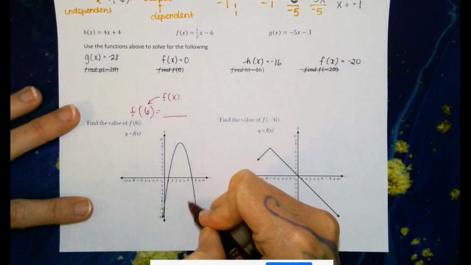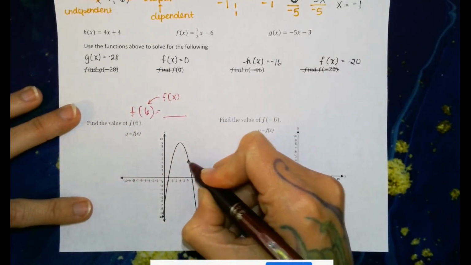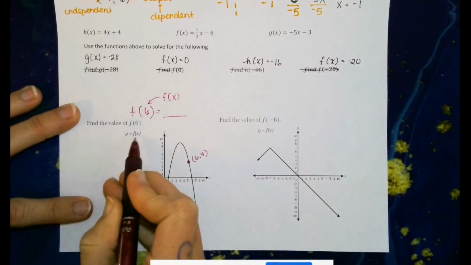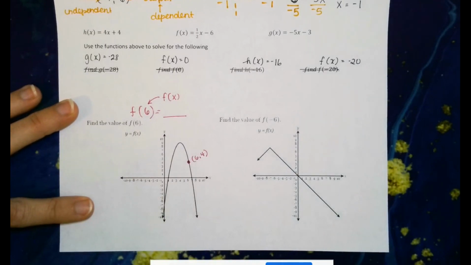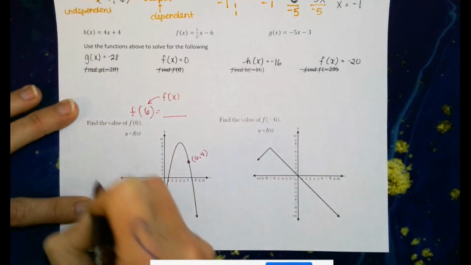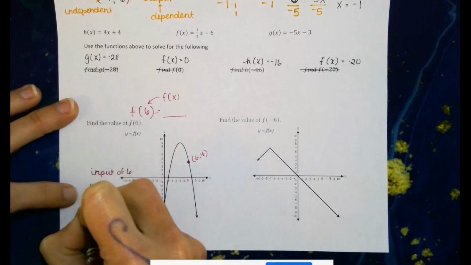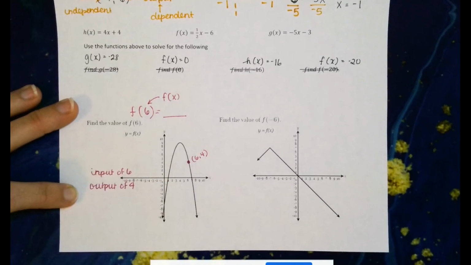There is no function below 6, so we're going to go up. So y is the same thing as f of x. So when x is 6, y is 4. When we put input of 6, we get an output of positive 4. Yep, good call. It is 5.